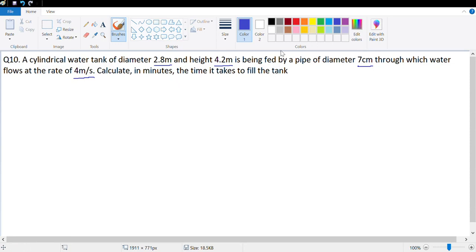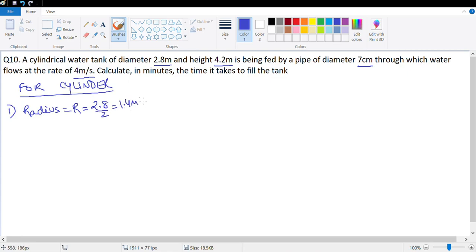So first we'll need to figure out how much volume we need to fill. So for cylinder, let's find the radius. Radius R is equal to 2.8 upon 2, which is equal to 1.4 meter.